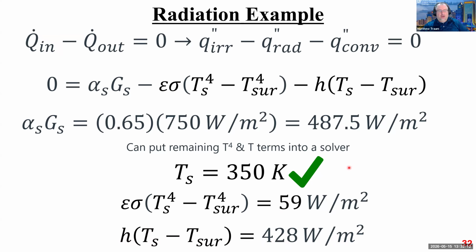Well, I should say two and a half different heat transfer modes here. So we have convection, about 430 watts per meter squared. We have radiation leaving, about 60 watts per meter squared, and then we have irradiation coming in from the sun, about 490 watts per meter squared. So pretty interesting multimodal heat transfer problem.